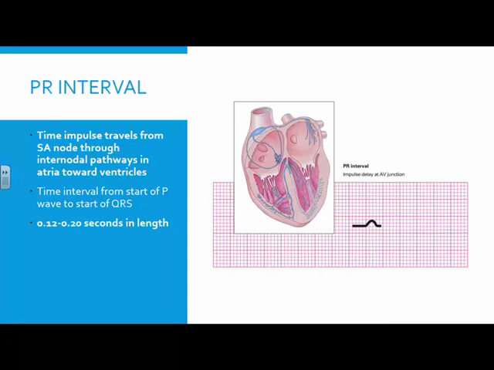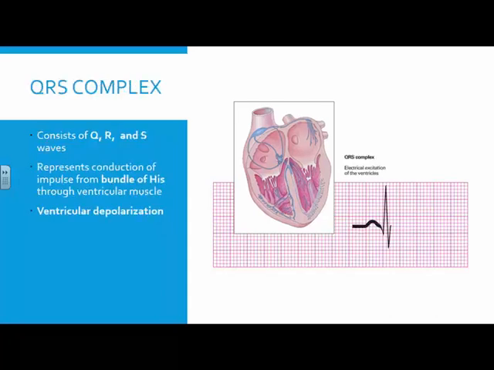If we have anything greater than 0.20 for a PRI, then we know that the AV junction is holding that impulse longer than it needs to. Several implications for what could happen, but we're not getting into that right now.